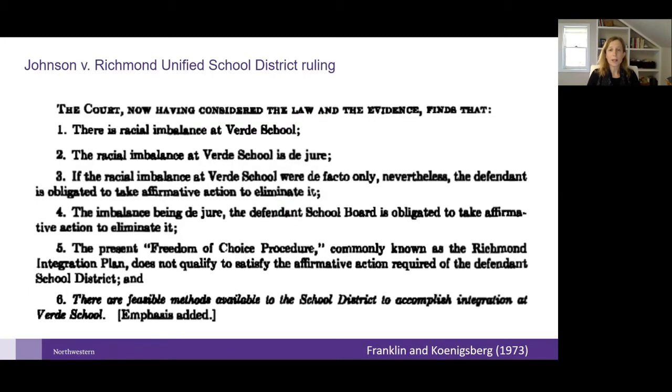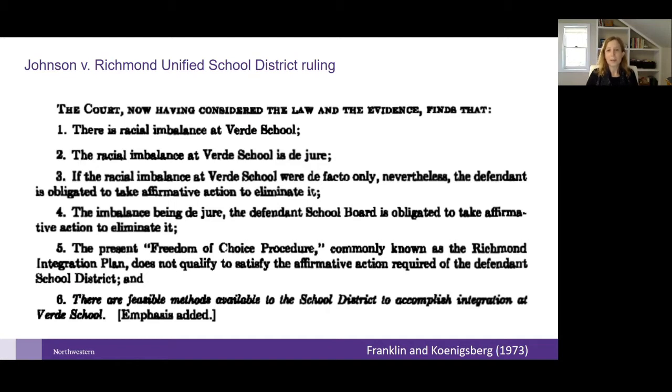And so what this meant in the court case is that the plaintiffs were able to argue that there was a feasible solution to achieve racial balance and not change the basic idea of neighborhood schools. The court in general ruled that there was racial imbalance at the Verde School, which was in fact de jure, and therefore the school had to take affirmative action to eliminate this segregation.